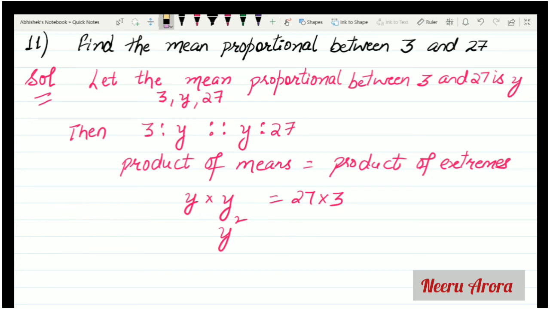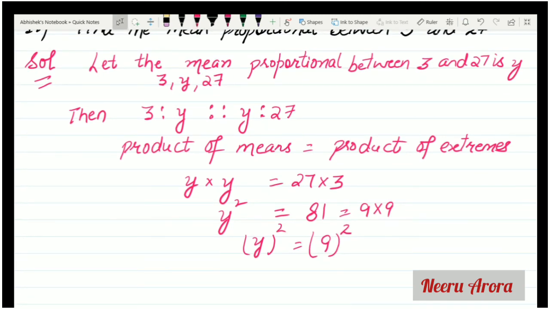Now y square is equal to 81. 81 can be written as 9 into 9, that is 9 raised to power 2. So by the exponent law, when powers are equal, the bases are also equal. So we can see that powers are the same on both sides, so their bases are also equal.